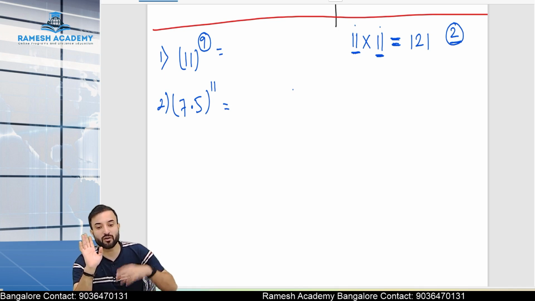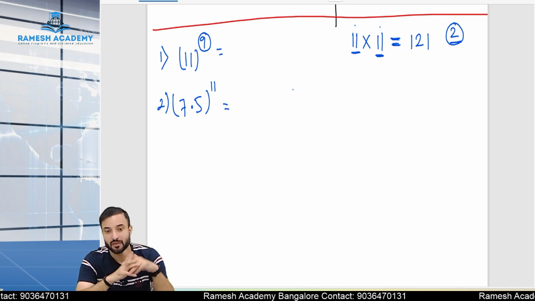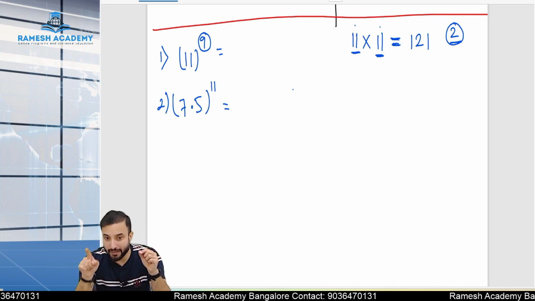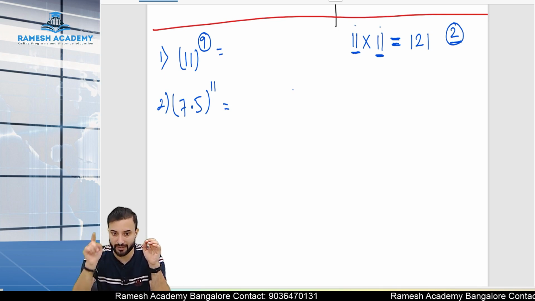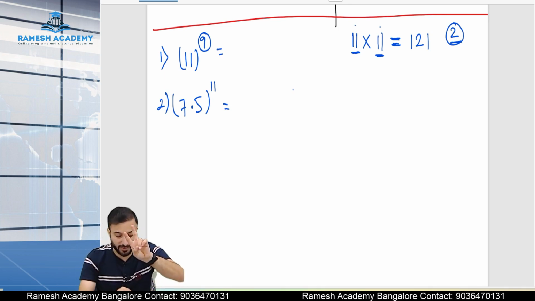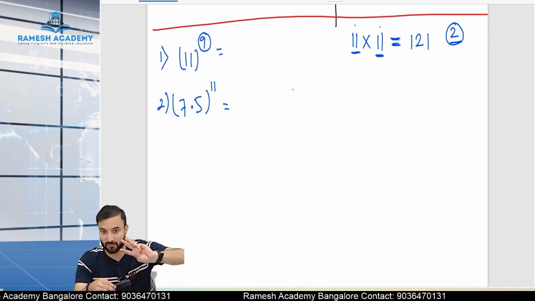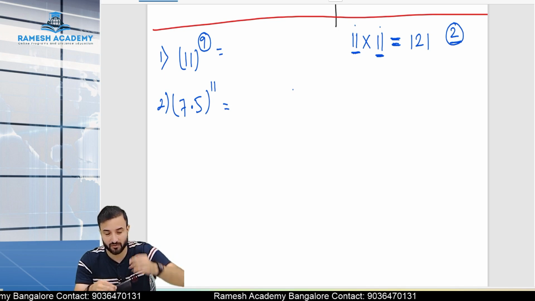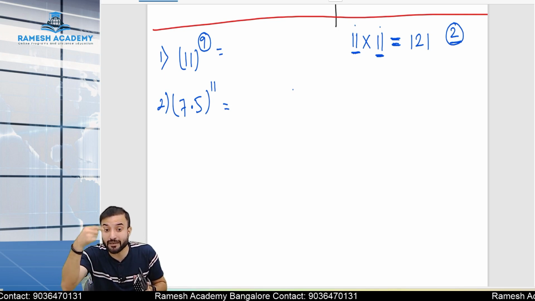See, what you have to do is very simple: take the calculator, press 11 into 11 equals to. How many times happened? 2 times, but it will show 3 steps. Now we have to go till 11 power 9 times.